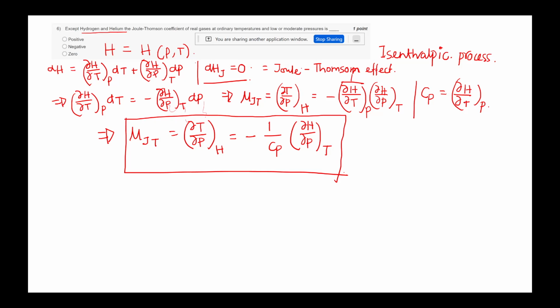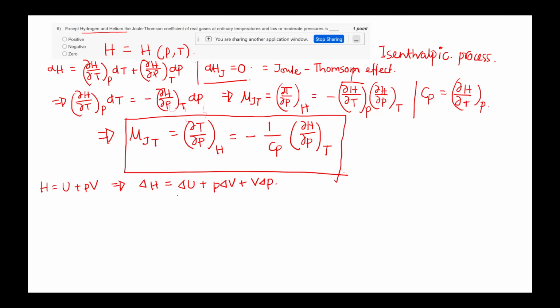Now what we know is H is U plus PV. See this carefully because it will be helpful for the few problems that come next. dH will be dU plus P dV plus V dP.